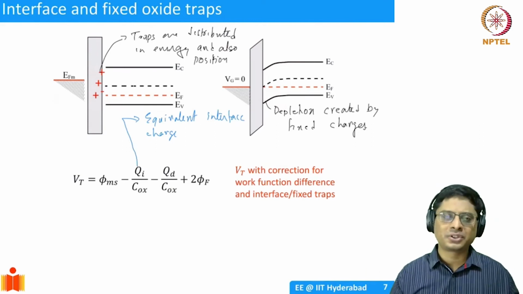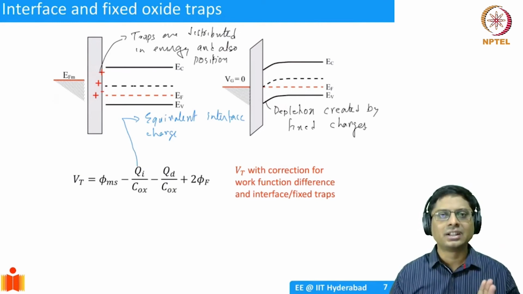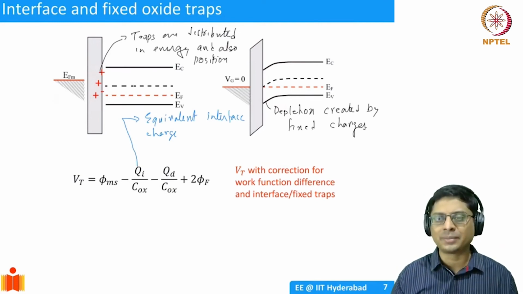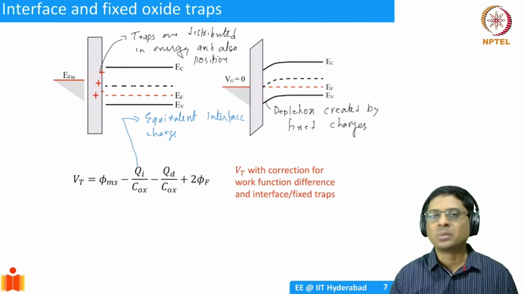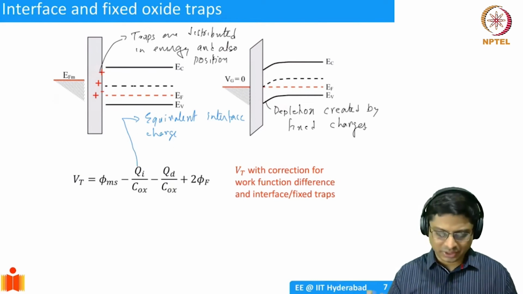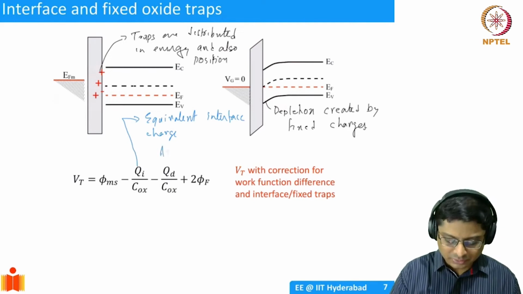Whatever be the distribution of the charges in space, we will assume that all of it is at the junction, and there's an equivalent charge. We can try to compute it so that it has the same net effect on VT. There are experimental techniques by which you can determine how much this is, but we don't need to know that. For our practical purposes, we will say that there is this interface charge, and it is assumed to be positive.